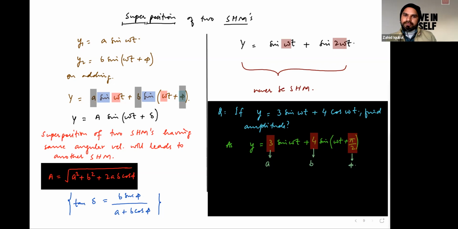Hiba, how much amplitude have you got? Just put the formula: A is equal to root of A squared plus B squared plus 2AB cos phi.